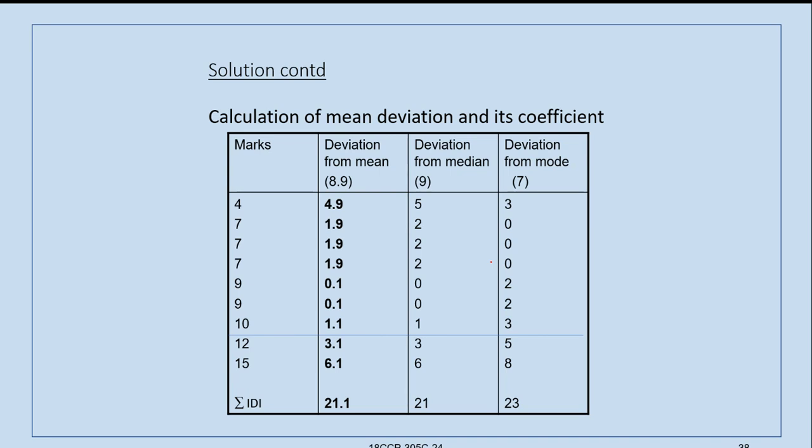Here we are ignoring the minus signs. So sigma modulus d from mean is 21.1, deviation from median is 21, and deviation from mode is 23.